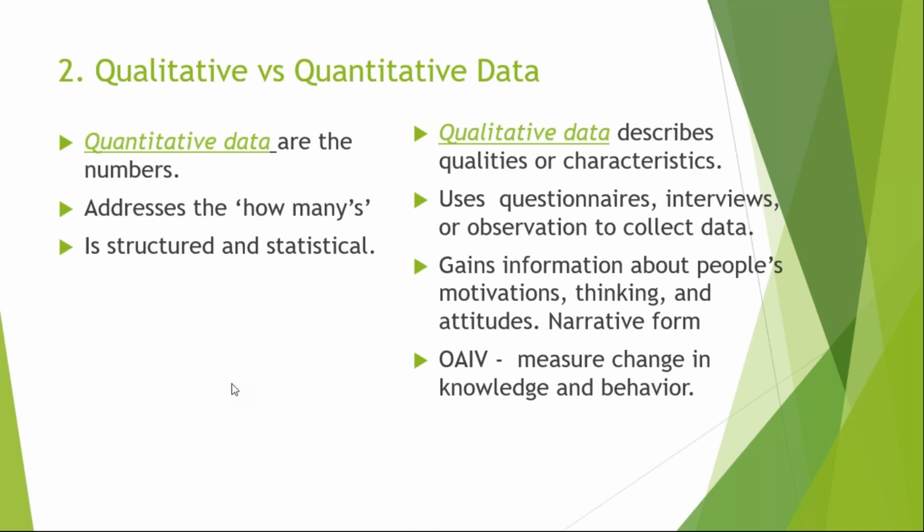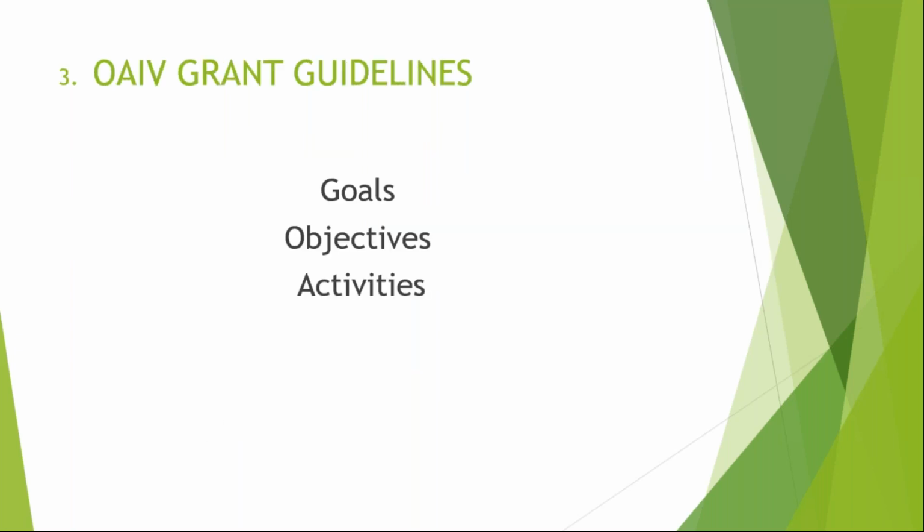Qualitative data is information that we're gaining from the individuals that we're serving, and it's going to be reported in narrative form. We're going to use tools like questionnaires, interviews, and observation to collect the data, and it measures change in knowledge and behavior. And that's what OAIV is looking at to see if you're making any difference in your services.